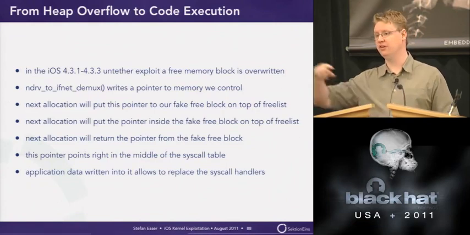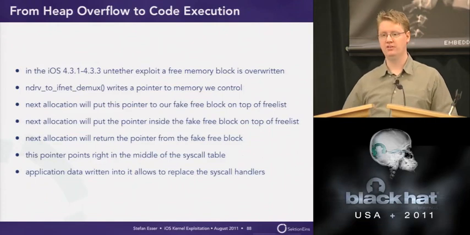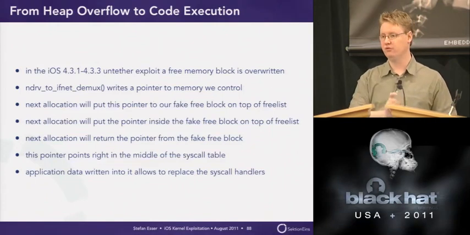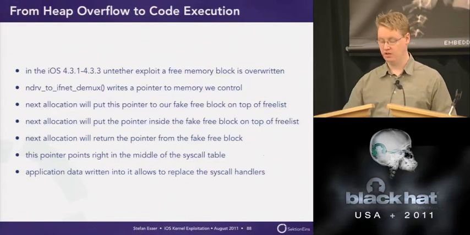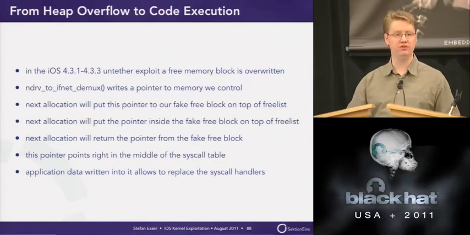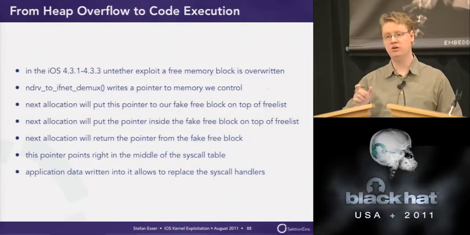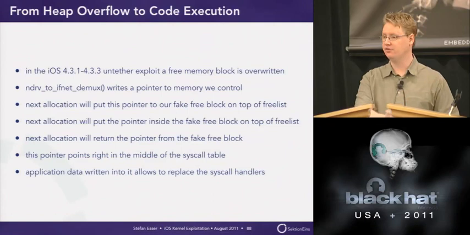And then again, you take the next allocation, and now the pointer we provided will be used. This means we can put it anywhere in memory. And a nice place is in the middle of the syscall table. So the next allocation now will return the middle of the syscall table.